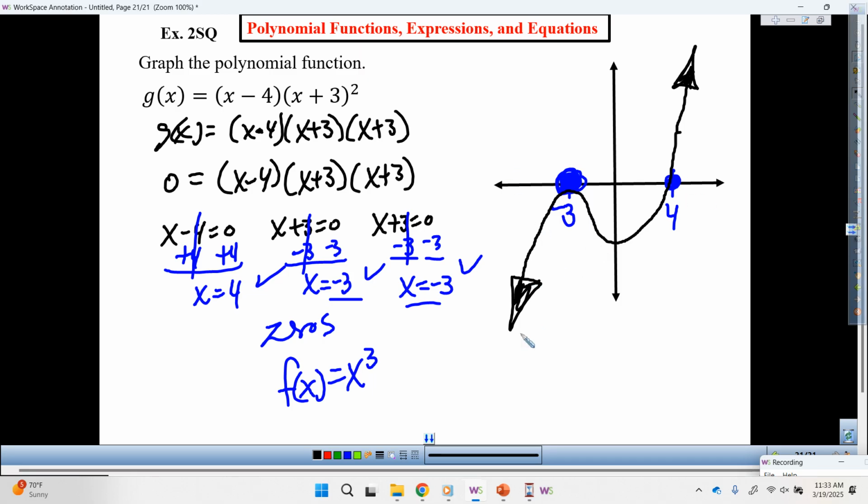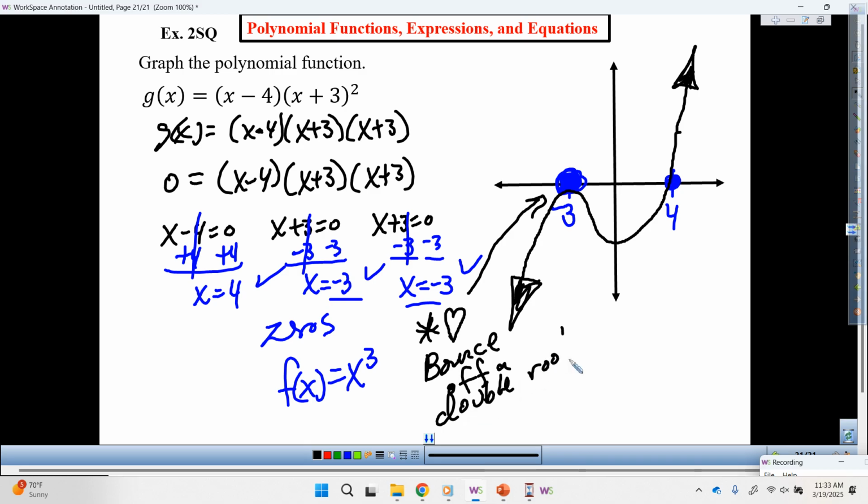Make a little note for yourself. Put a little asterisk, a heart, aww, and then point to that and say bounce off a double root.